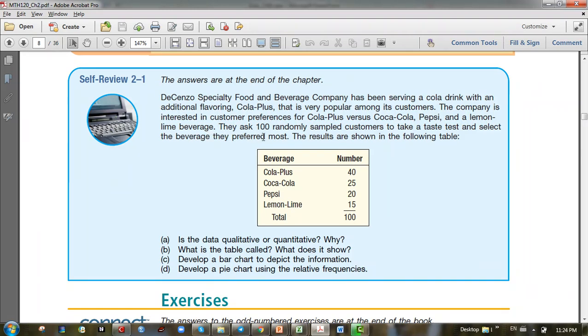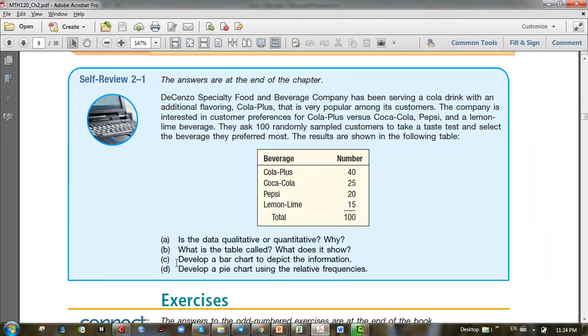They ask 100 randomly sampled customers to take a test and select the beverage they prefer most. Results are shown in the table below. Among the 100 customers, 40 prefer Cola Plus, 25 prefer Coca-Cola, 20 prefer Pepsi, and 15 prefer lemon-lime.